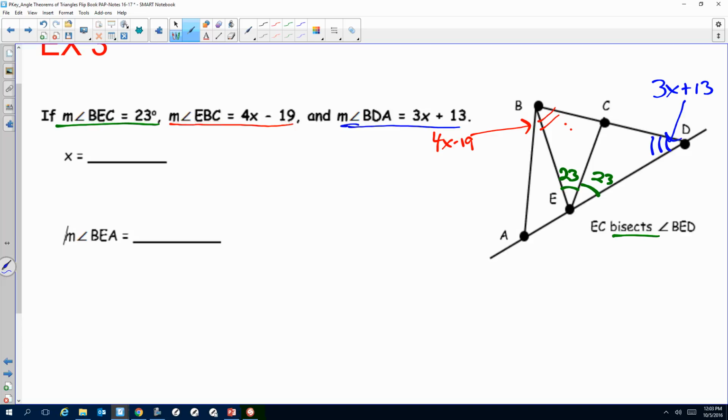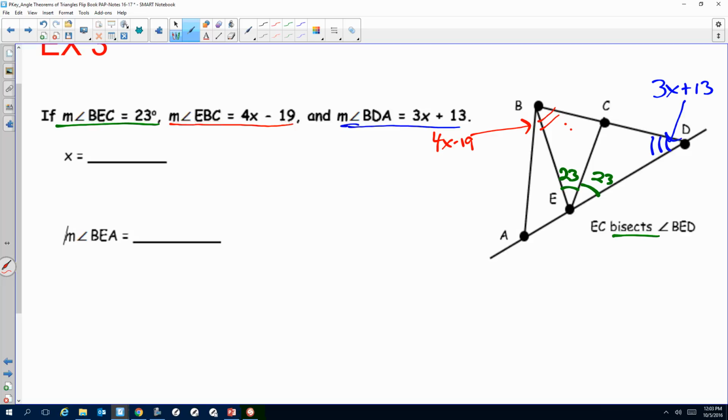What do we know? John, what have you got? You can find AEB. Yes, we can find that. What is the measure of AEB? Yeah, 180. I can get this angle over here because it's a linear pair.